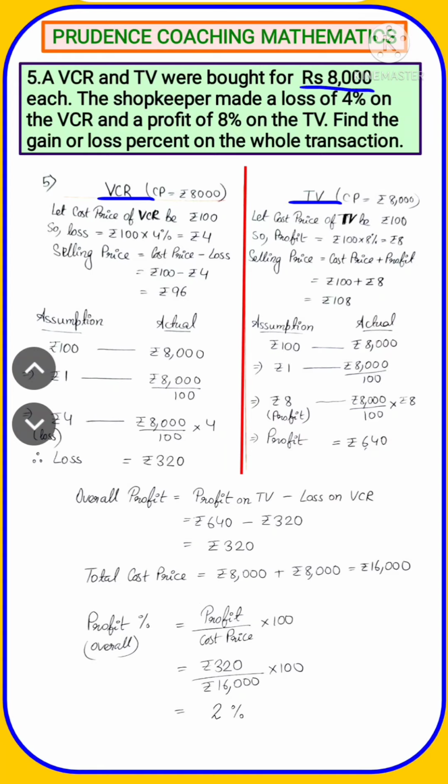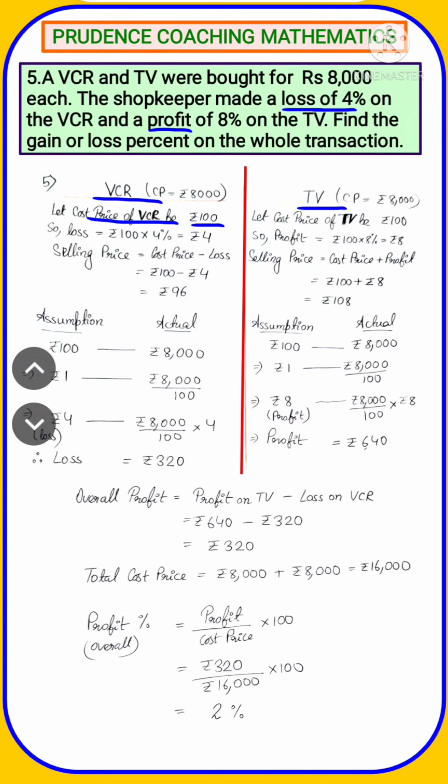Now we will start with the VCR. As I have discussed in the previous classes, whenever we are dealing with profit, loss, CP, SP, you always need to assume the cost price of the article to be rupees 100. So we will assume the cost price of VCR to be rupees 100. According to the question, on selling the VCR, the shopkeeper made a loss of 4%.